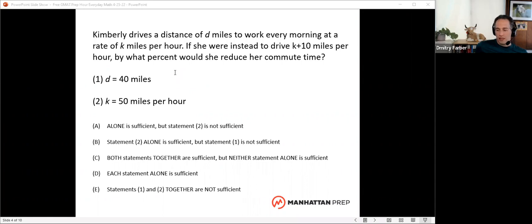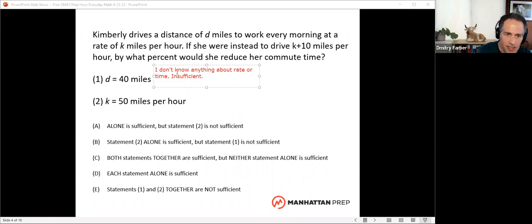They're not asking us anything directly about distance. They're asking us about the relationship between rate and time. And so by itself, I could say offhand, hey, I don't know anything about rate or time, and therefore this is insufficient.